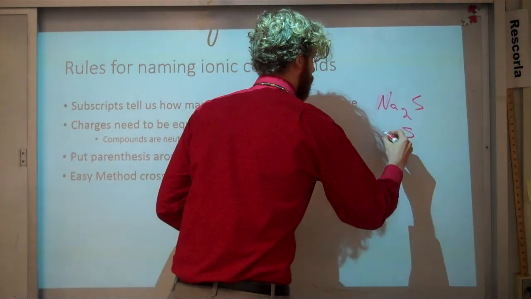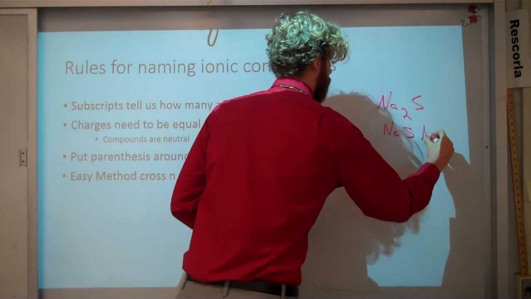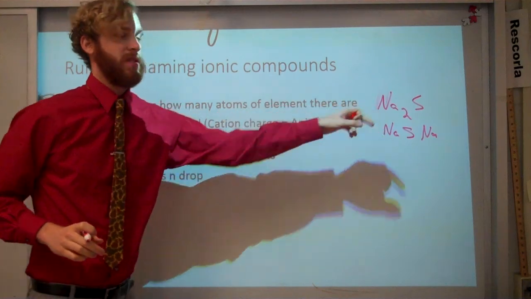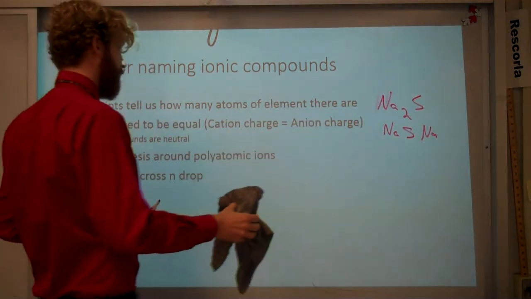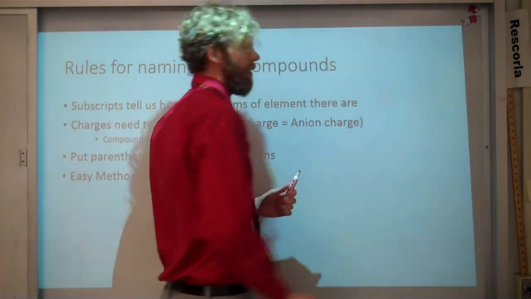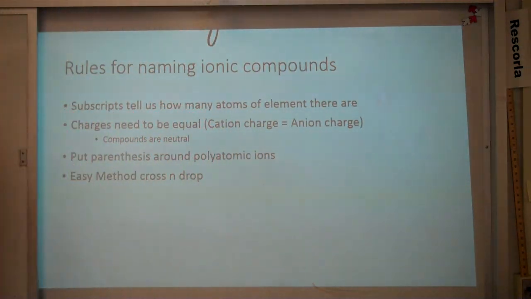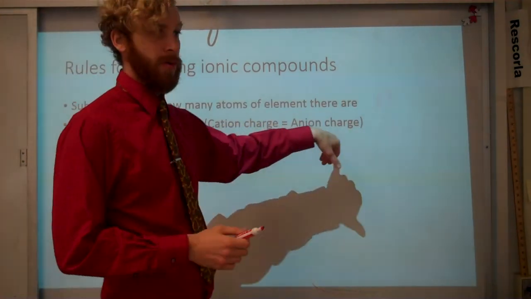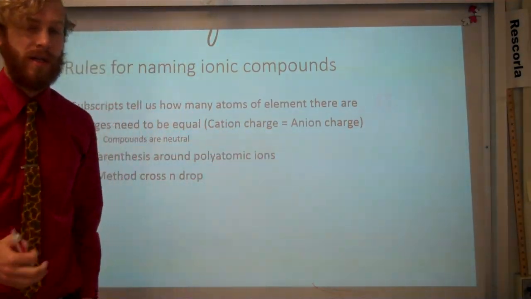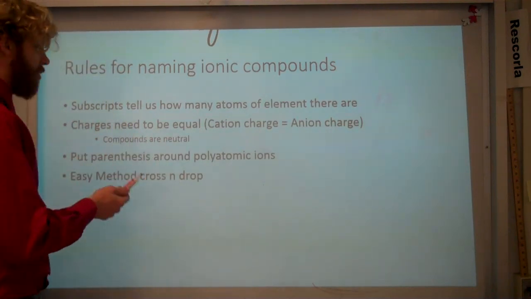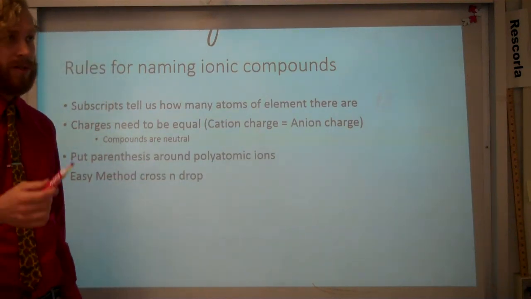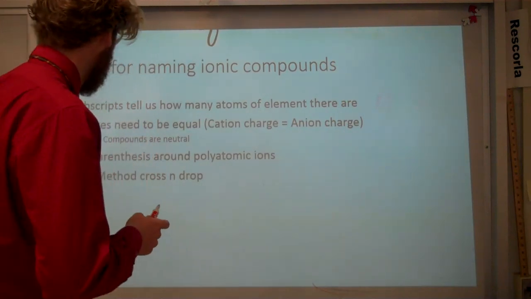So it looks something like that. The subscript tells us how many of the elements there are. Now, the charges need to be equal. So the cation charge needs to equal the anion charge. Compounds are neutral, so they need to equal 0 when you add them up together.